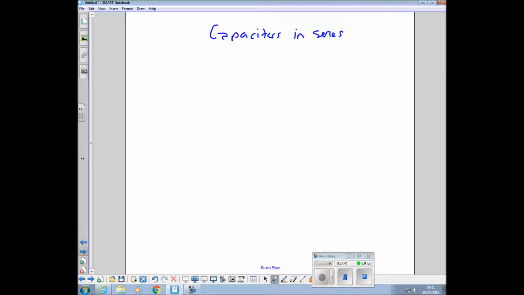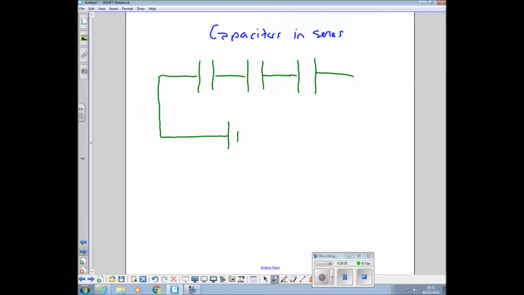If we have three capacitors like that, and we connect it to a source that is 30 volts.